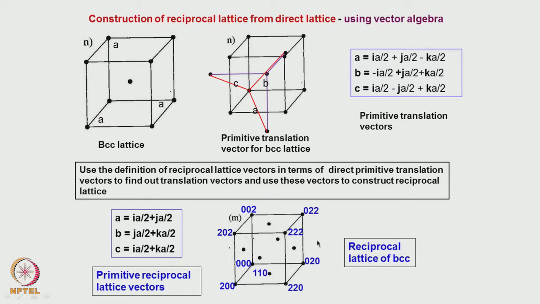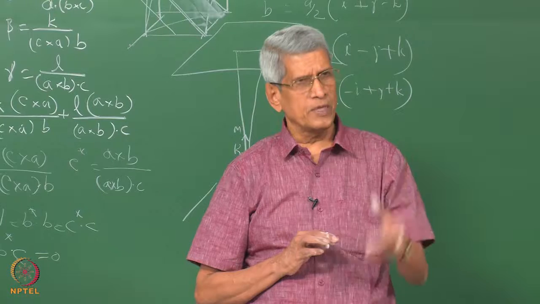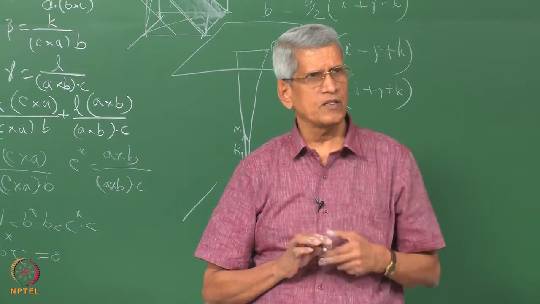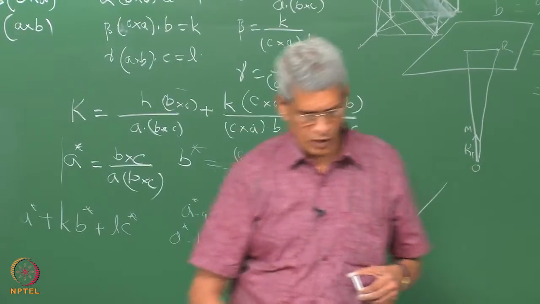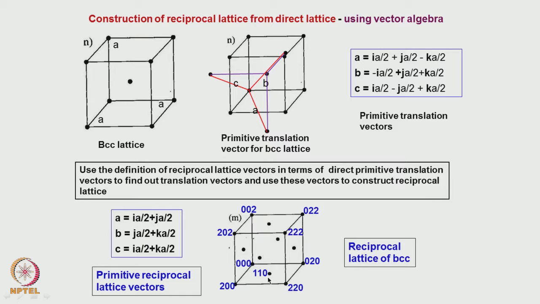Then one can draw the full reciprocal lattice unit cell. If you look at the reciprocal lattice unit, all the symmetries of the real lattice will be exhibited by the reciprocal lattice also. And here, when you look at some of the reflections, like the 200 reflection is present, the 100 reflection automatically becomes absent, because the reciprocal lattice is constructed for a primitive lattice.